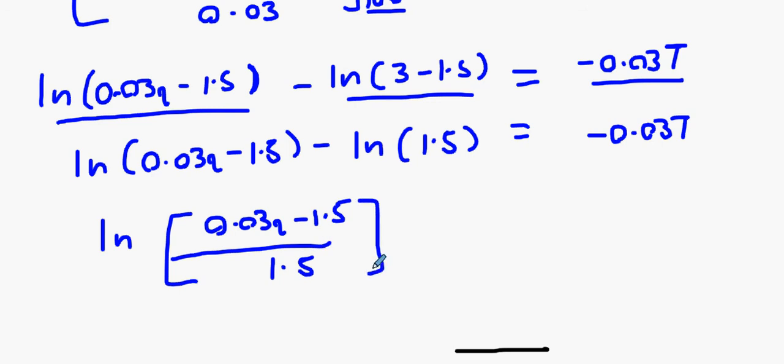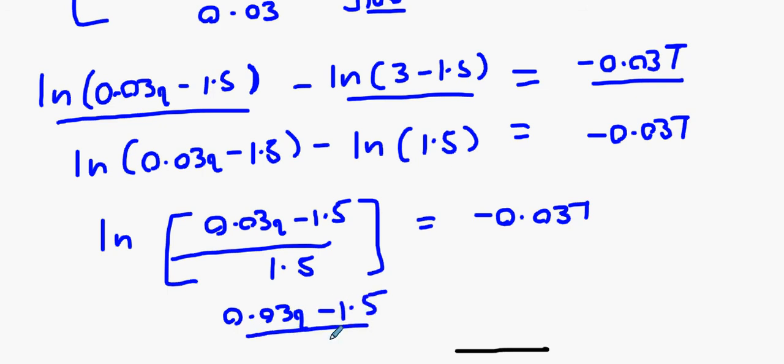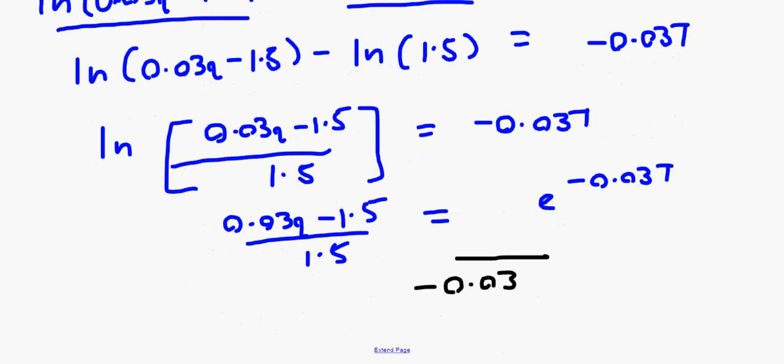I'm going to merge the two of them via the division rule. And once I merge them via the division rule, we're going to do the e thing again. So it's going to be all of this equals e to the power minus 0.03t, and all you have to do is isolate q.